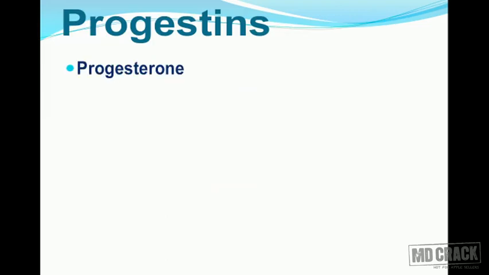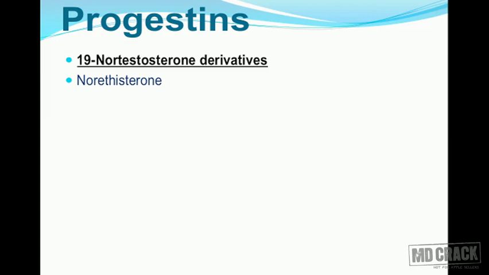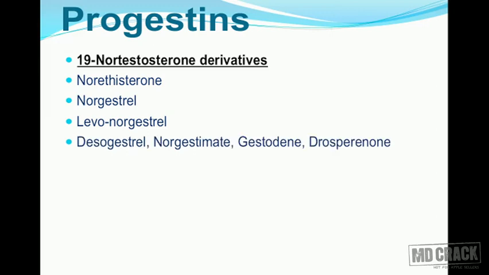As far as the progestins are concerned, important progestins are progesterone, hydroxyprogesterone caproate, and medroxyprogesterone acetate. And there are 19-nortestosterone derivatives. They are more important. That's norethisterone, norgestrel, levonorgestrel, a very important compound.